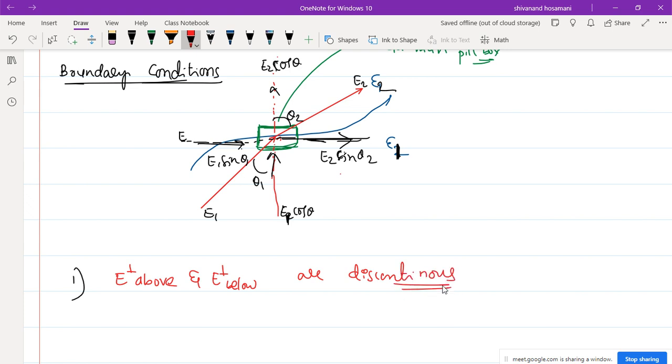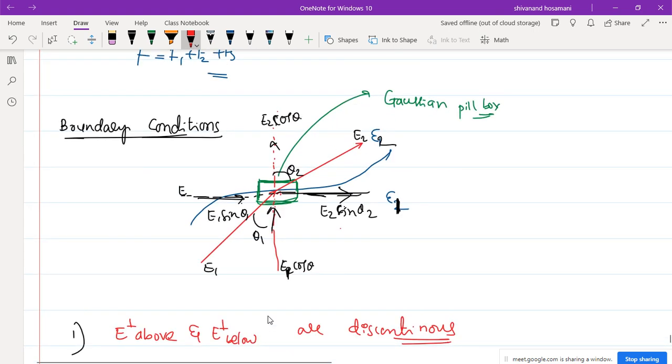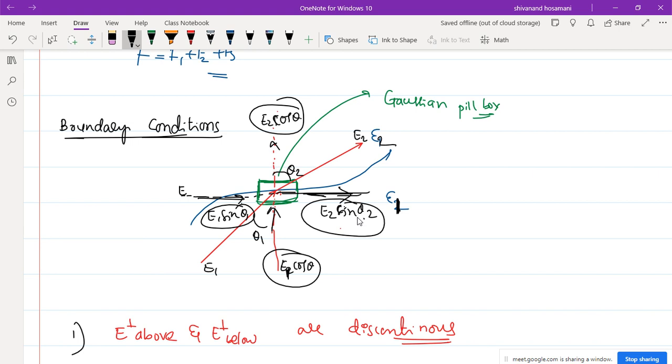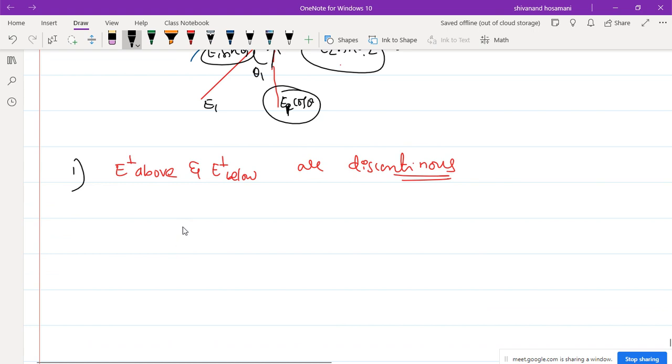Discontinuous means there is a separation; the two are not the same. Remember that when applying boundary conditions to the electric field, perpendicular components are discontinuous but parallel components are continuous. Therefore it can be defined as E perpendicular above the surface minus E perpendicular below the surface, E2 minus E1, which is equal to sigma divided by epsilon.